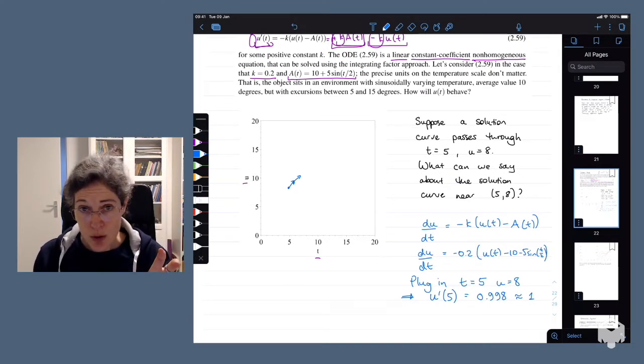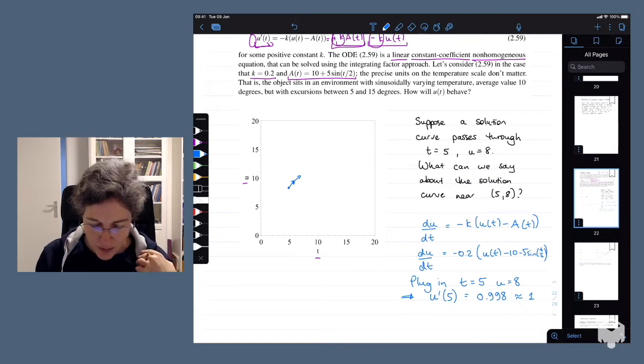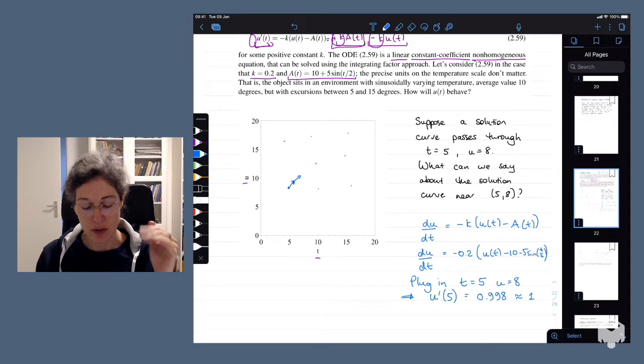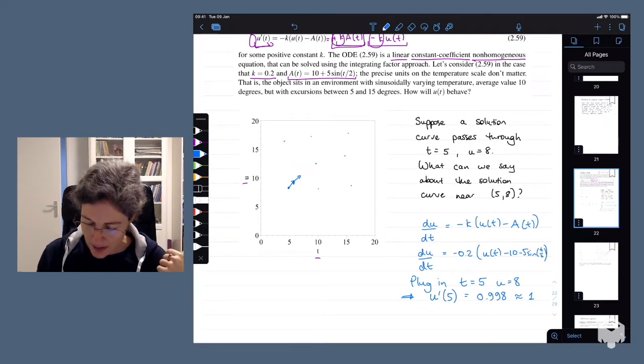But what you can also do, mostly we use computers nowadays, a lot more fun if you have a computer that will do it, is to just pick a whole lot of points all over and plot what we call the direction field. So these little arrows give us a direction field, and we can start to see what the general solutions look like.